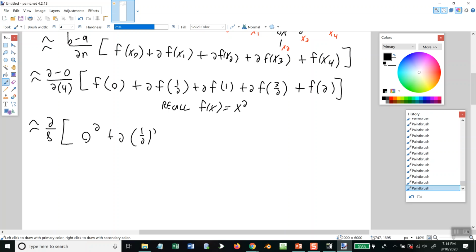So that's 1/2 squared. Here we'll plug 1 in for x. So that's 1 squared. Here we'll plug 3/2 in for x. So that's 3/2 squared. And here I'll plug 2 in for the x, and that's 2 squared. Keeping in mind, your middle items have 2's in front of them, and the first item and last item don't have the 2.